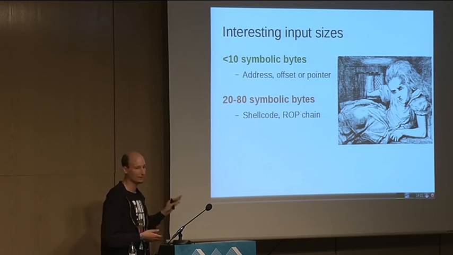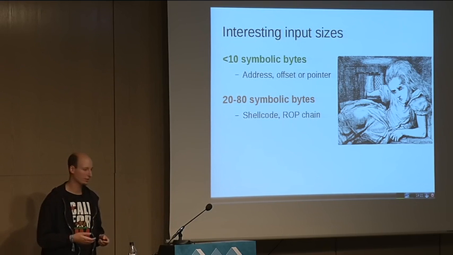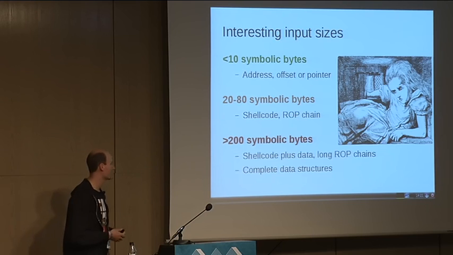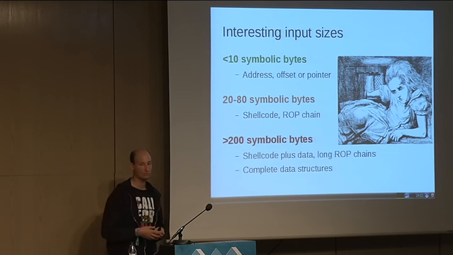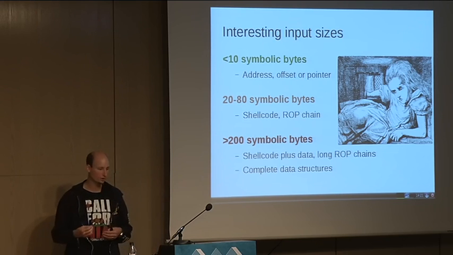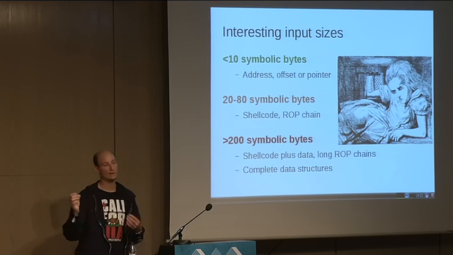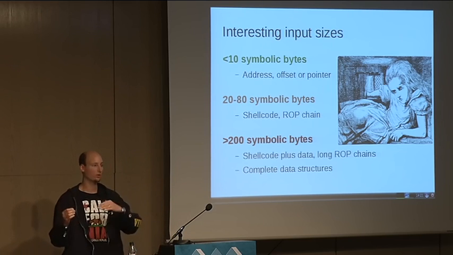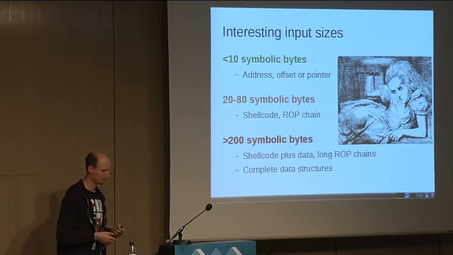And that's already the limit if you have a lot of computation available with current engines. And if you want more than 200 symbolic input bytes, we can encode long ROP chains at our vulnerability condition, or even complete data structures that are present at our vulnerability condition and flow through the application until we hit that condition.